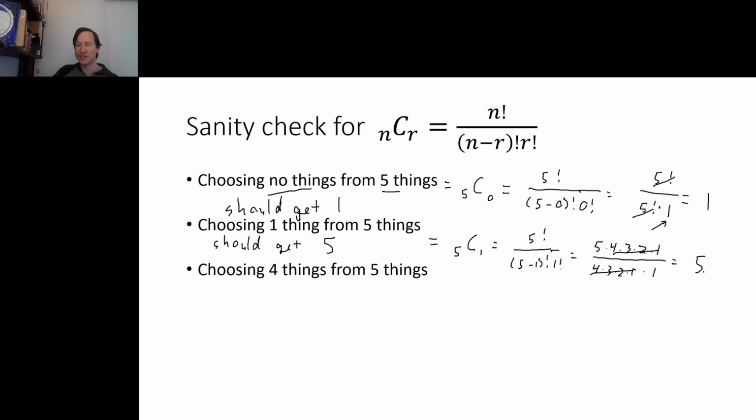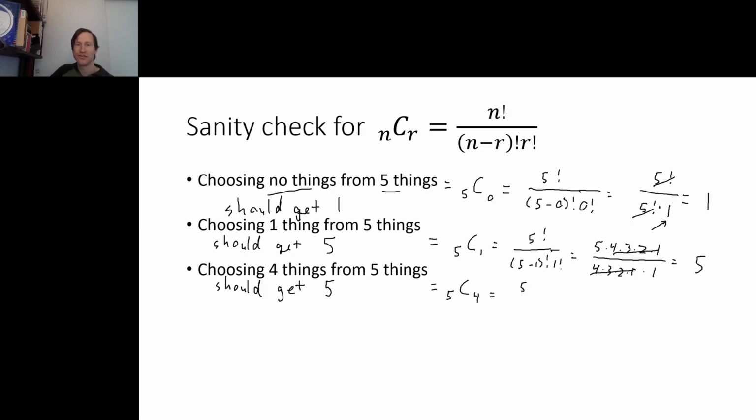All right, now let's try choosing 4 things from 5 things. In this case, it's a little harder to see what we should get, but choosing 4 things from 5 things is the same as choosing them all and then discarding one. And so you just have to choose which one is the one that you discard. Well, there are 5 choices for the one thing that you discard, and so there are 5 different ways of choosing 4 things. Now rephrasing this in terms of n choose r, we have 5 choices, and we're going to choose 4 of them.